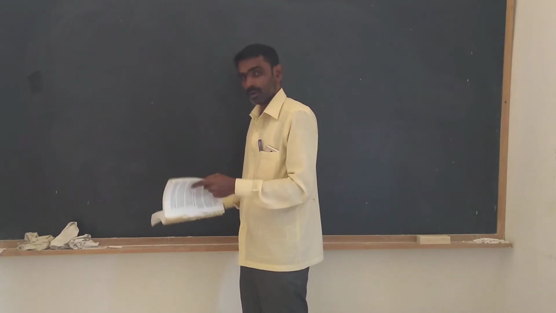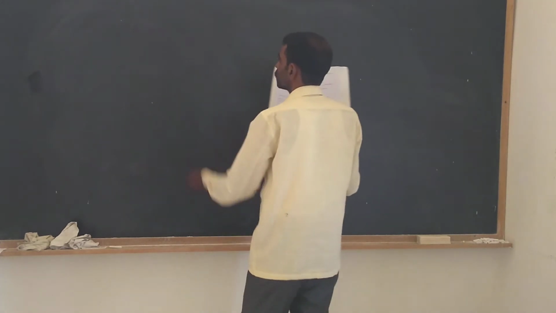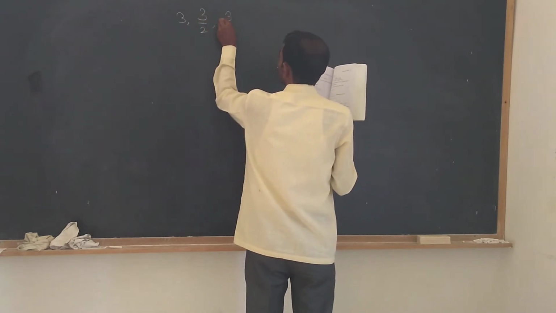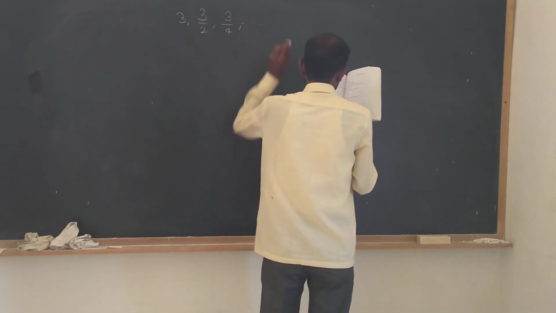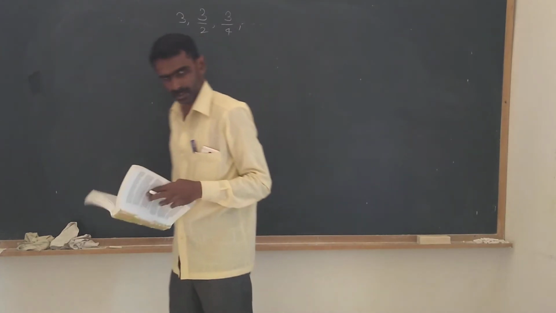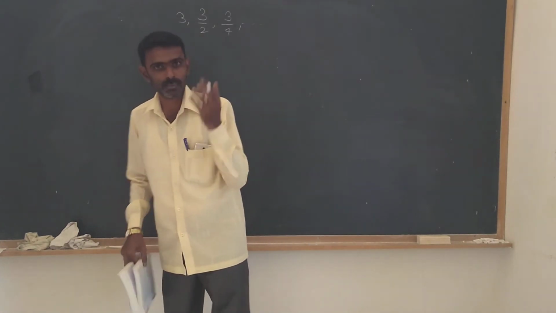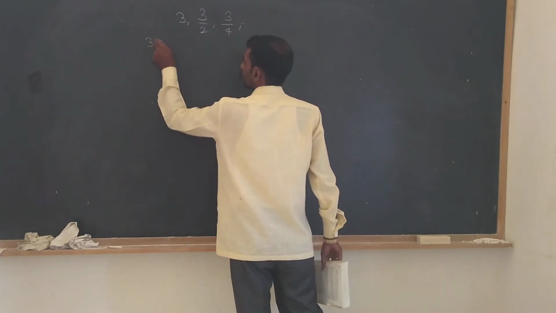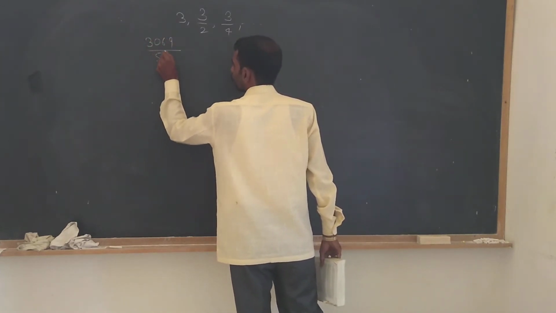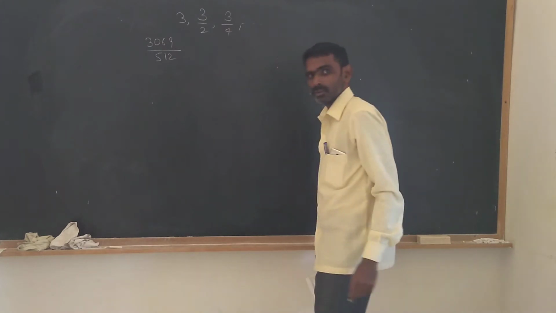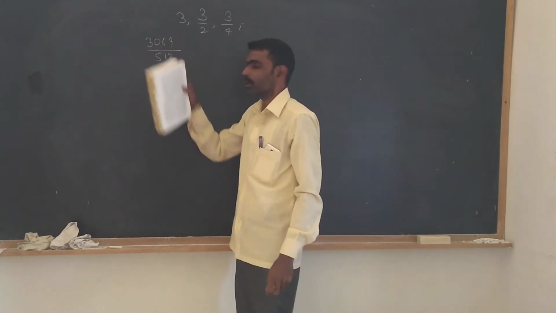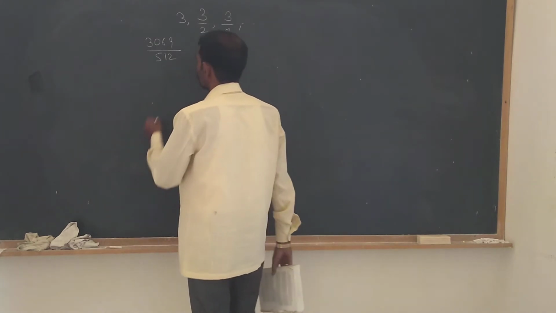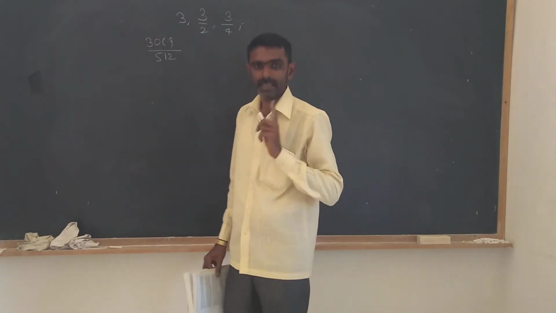How many terms of the GP 3, 3/2, 3/4 and so on are needed to give this sum 3069/512? So here the Sn value is given to you. You need to find the value of n.